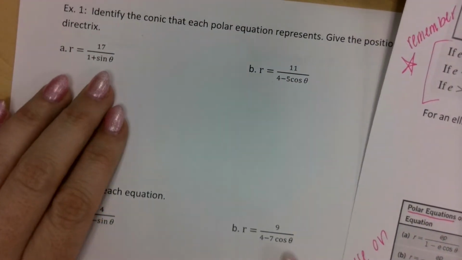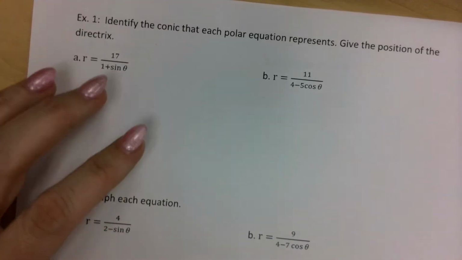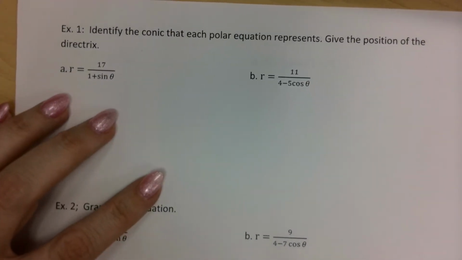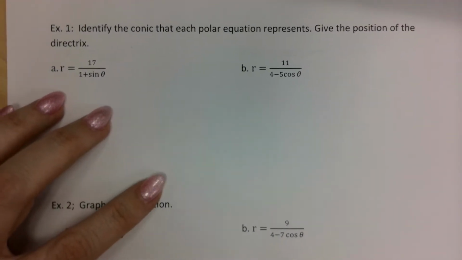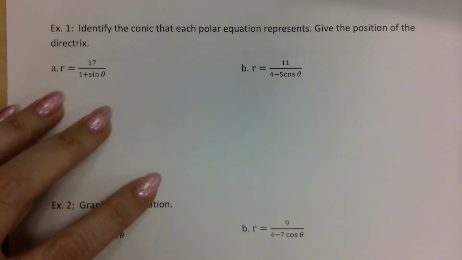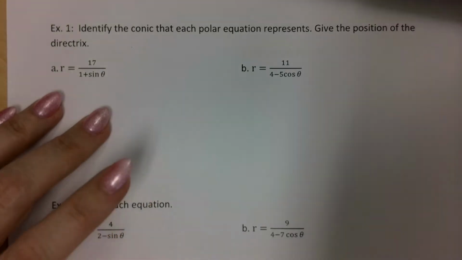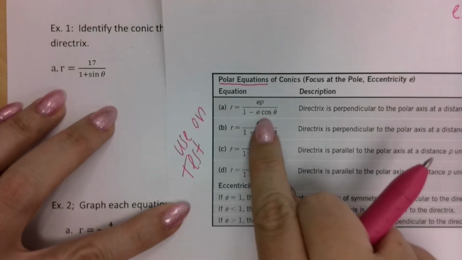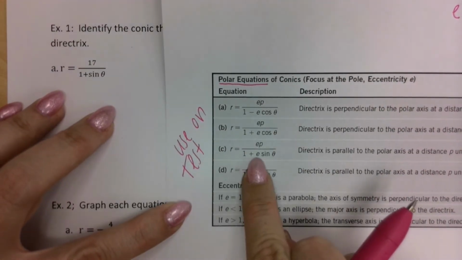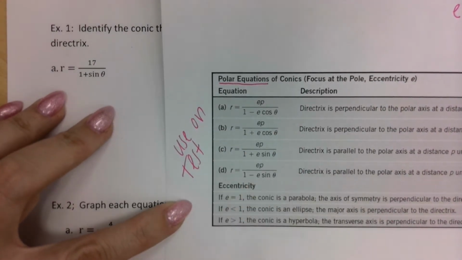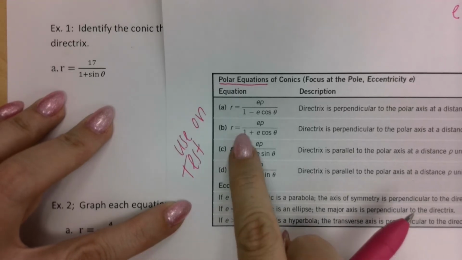If we look at example 1 on the next page, it says identify the conic that each polar equation represents. Give the position of the directrix. Okay, so we want to identify and then give the position of the directrix. In order to identify, I need to figure out what E is. If we look at our sheet here, E is always the number that's in front of our sine or cosine as long as this number is 1.